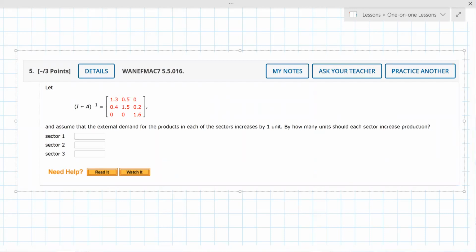So they're telling you that the inverse of the identity matrix minus A equals this. And so they want to know by how many units should each sector increase production. Huh. I'm actually not sure how to proceed at the moment.